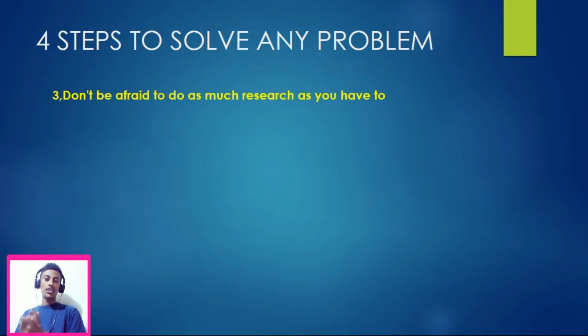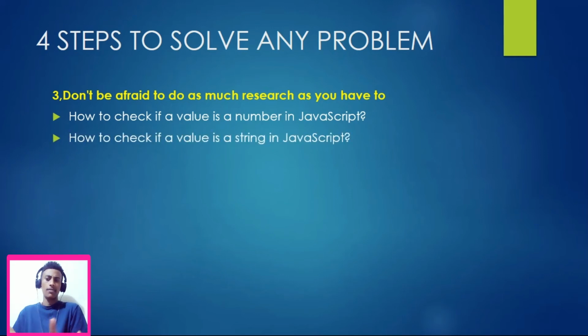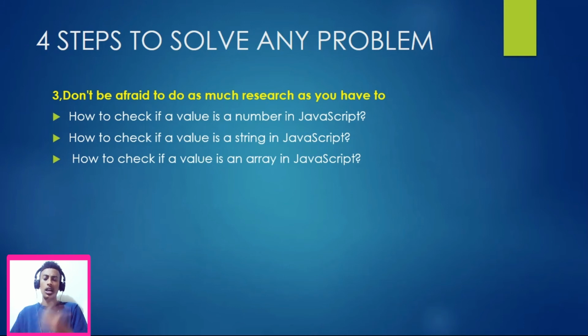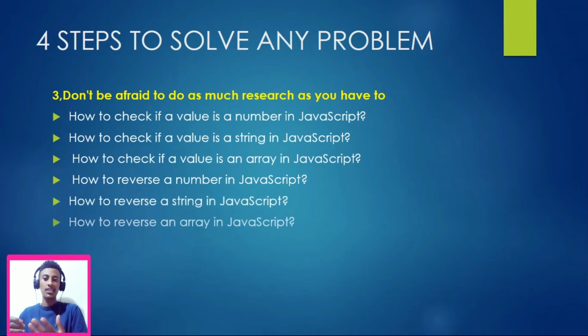The third step is don't be afraid to do as much research as you need. If you don't understand how the different syntax works, don't be afraid to research. For example, how to check if a value is a number in JavaScript, how to check if a value is a string, how to check if a value is an array, how to reverse a string, how to reverse an array in JavaScript.